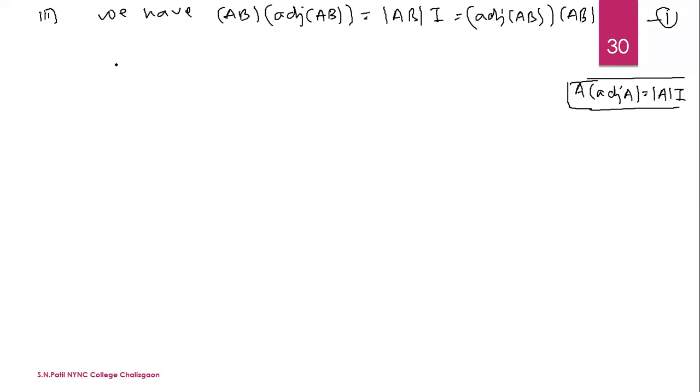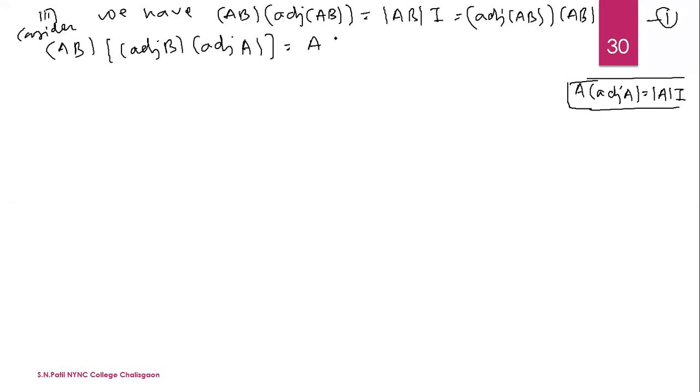Now consider the product AB into adjoint of B into adjoint of A. We consider this relation and now simplify.